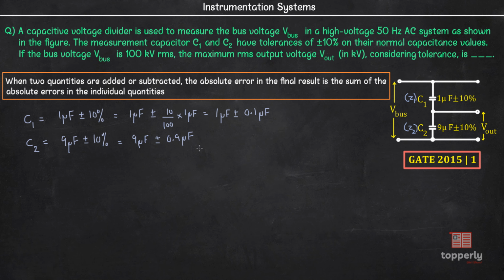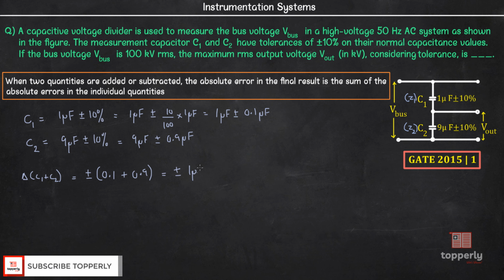So the uncertainties in C1 and C2 are 0.1 microfarad and 0.9 microfarad respectively. Therefore, the uncertainty in the sum C1 plus C2 is delta C1 plus C2, which is equal to plus or minus 0.1 microfarad plus 0.9 microfarad, which is equal to plus or minus 1 microfarad.